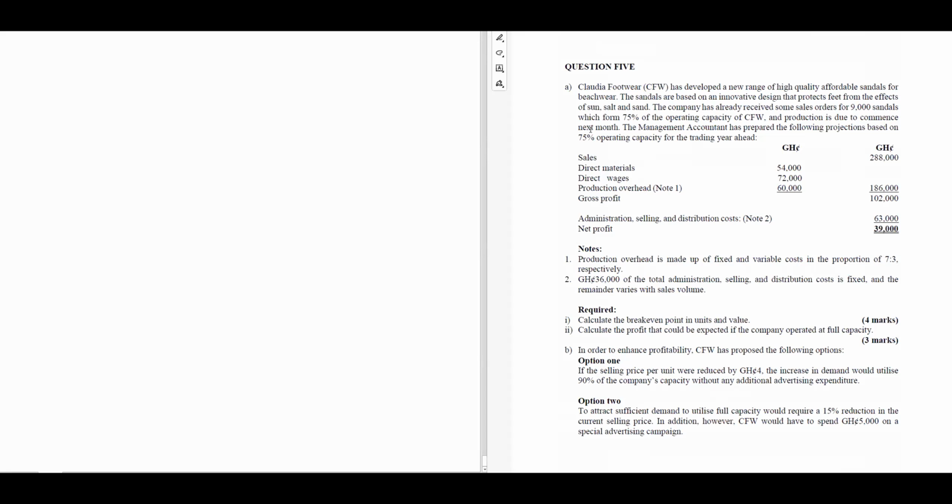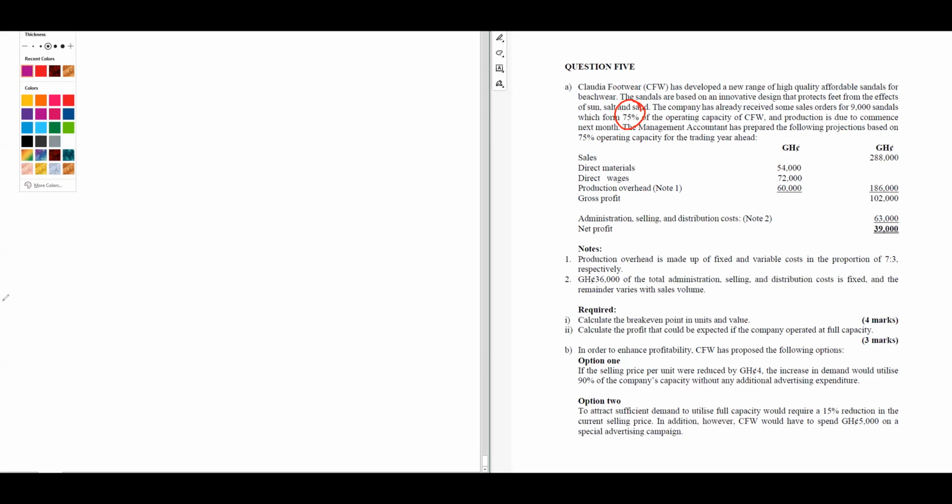And what did we learn? We said that anytime we see something at a different capacity, what are we supposed to always find? 100% capacity. So that's the first thing we always do, right? So we find 100% capacity.